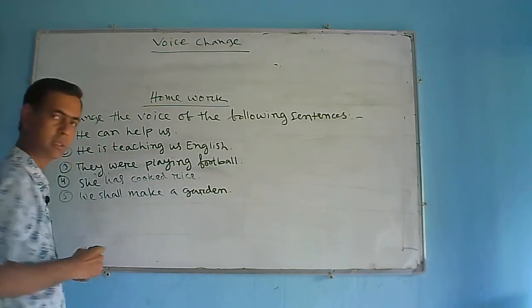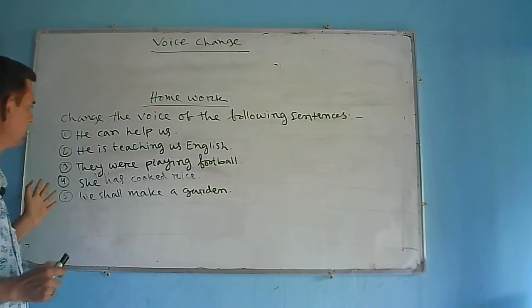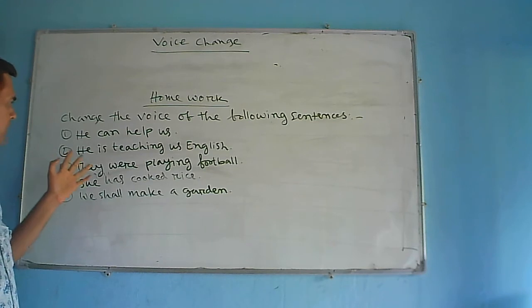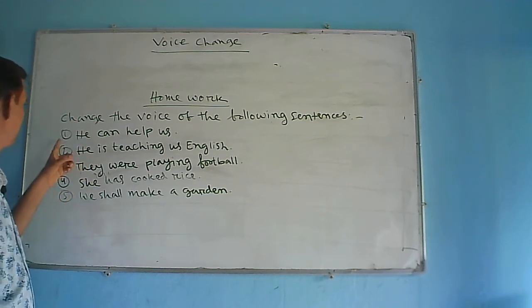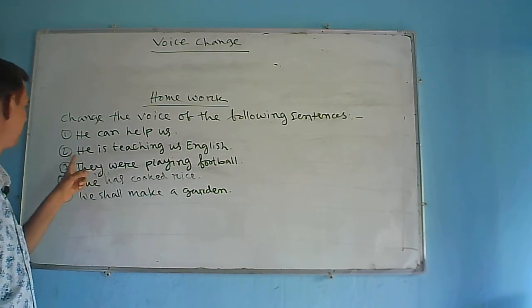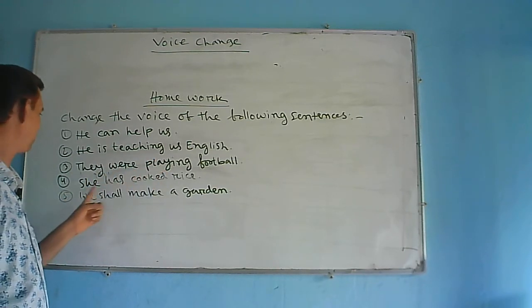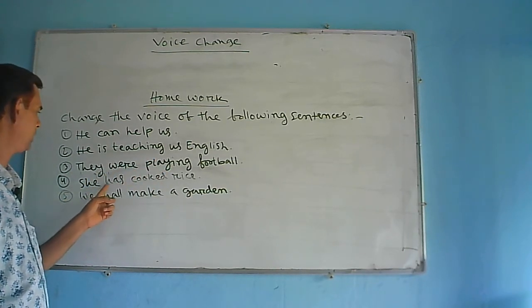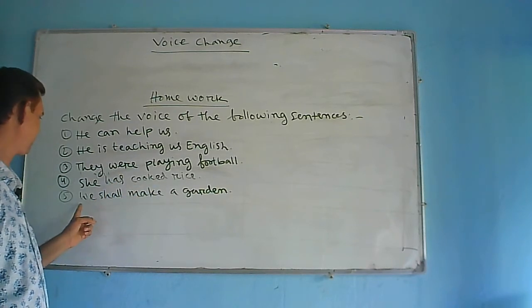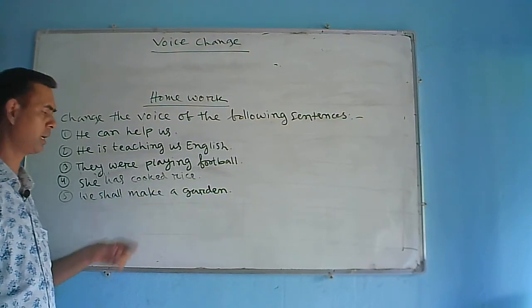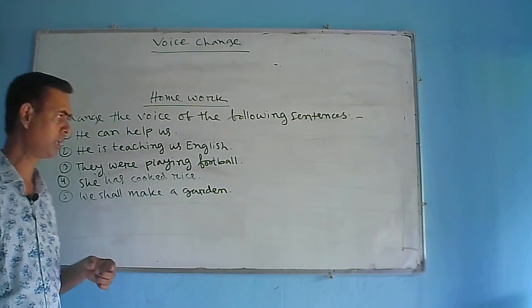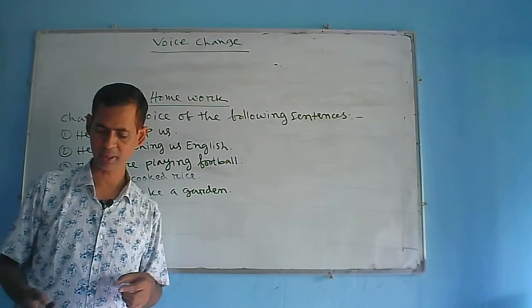Dear learners, you will change the sentences from active into passive, and this is your homework. Number 1, he can help us. Number 2, he is teaching us English. Number 3, they were playing football. Number 4, she has cooked rice. Number 5, we shall make a garden. Okay, understand everybody?